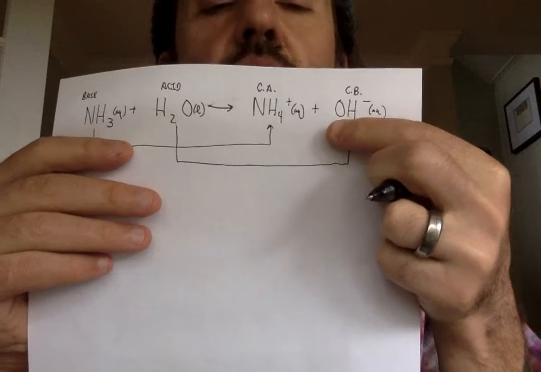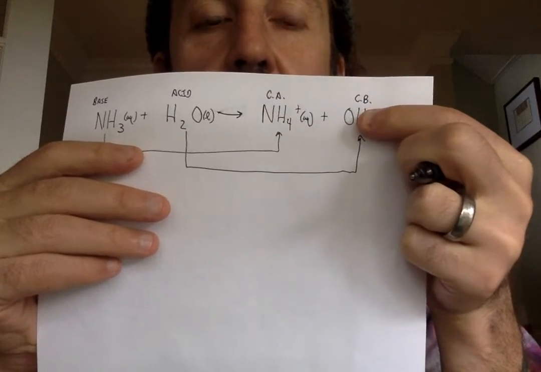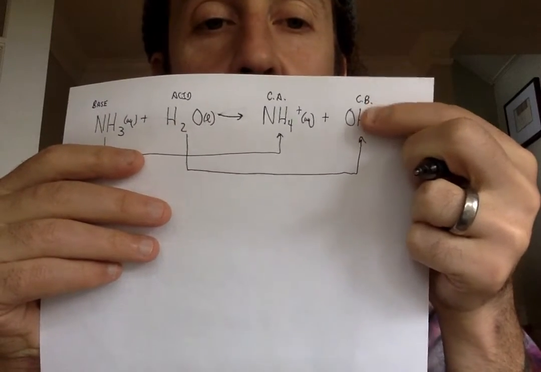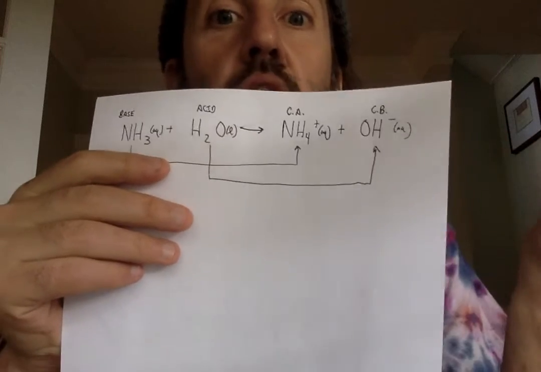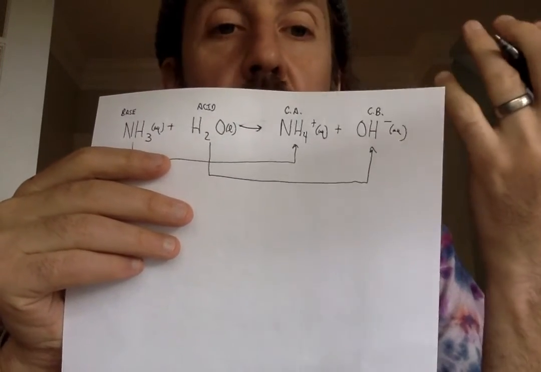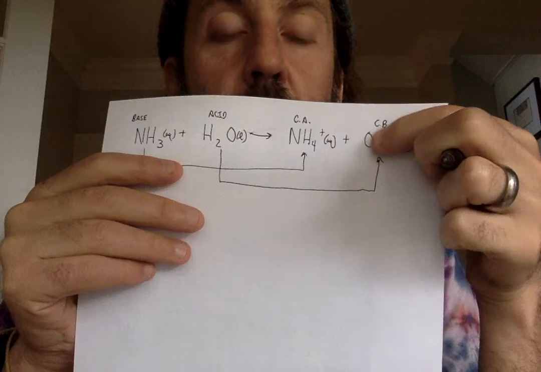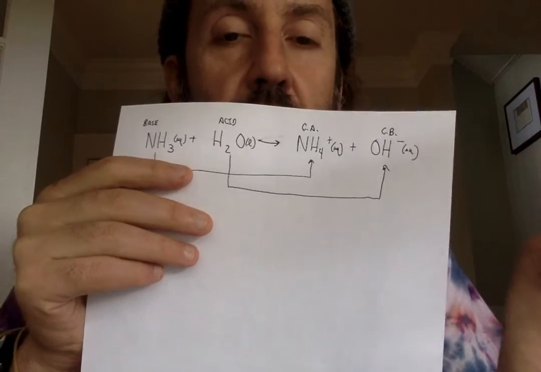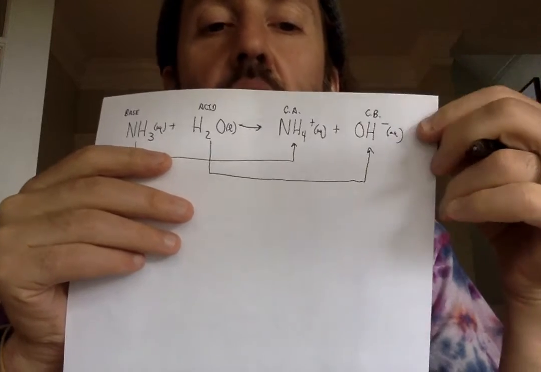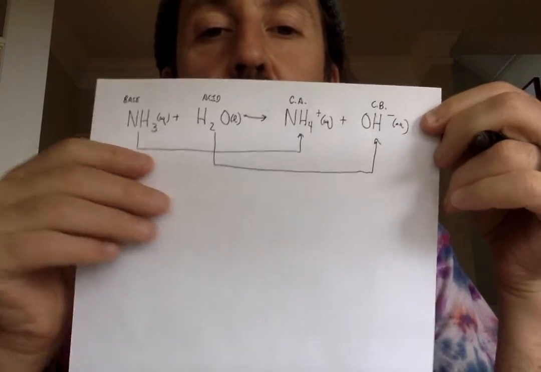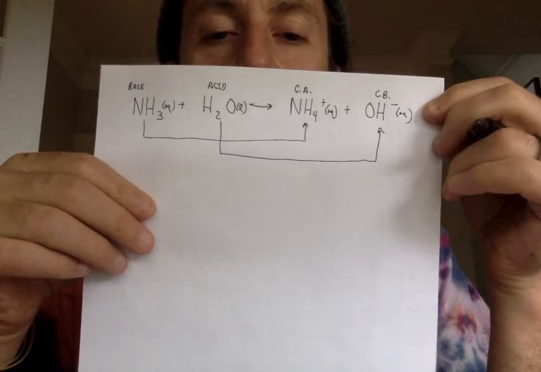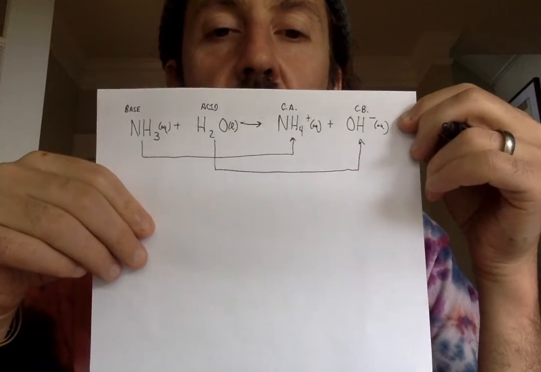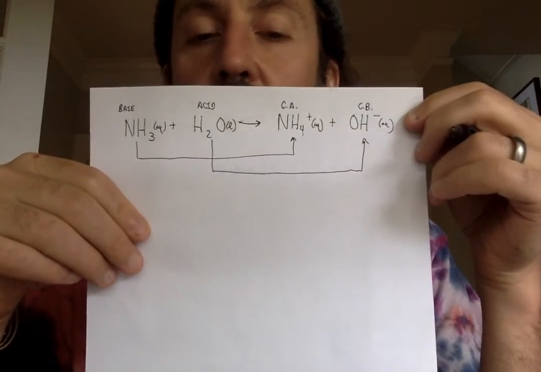If you look at that, we would consider OH the conjugate base, because if you remember, the OH is the basic part. That's like the NaOH, the hydroxide ion is the basic part. So there you go. Now, there's one other thing we need to talk about, and that's the idea of something being amphoteric.